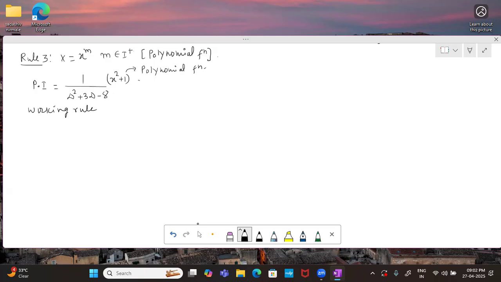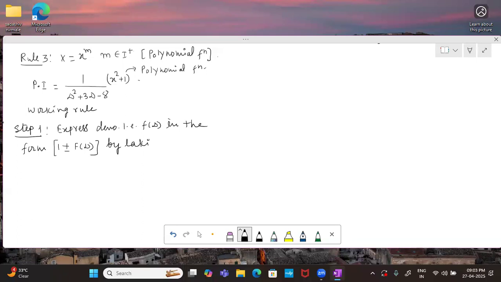To find this PI, step number 1: express the denominator, that is f of d, in the form 1 plus or minus some other function of d, by taking the lowest degree term common from the denominator.